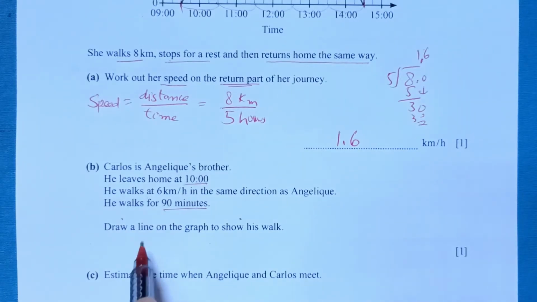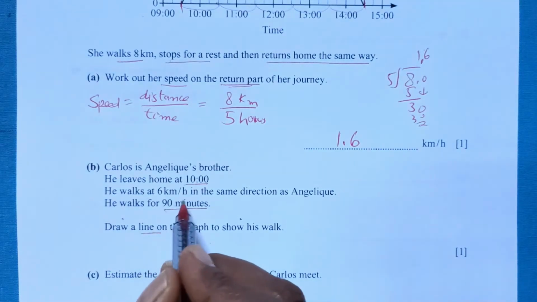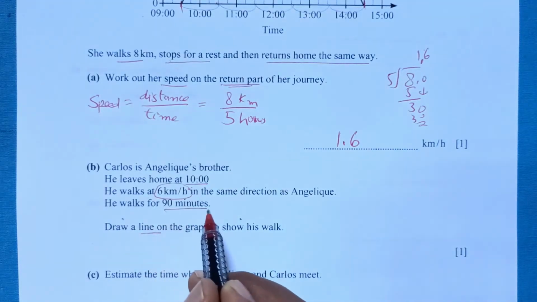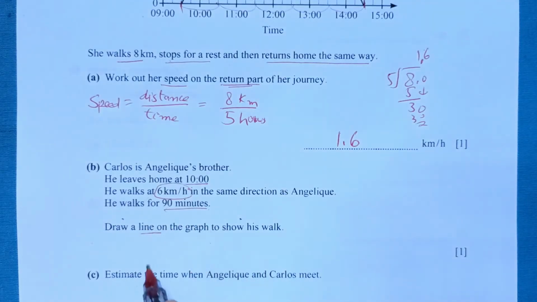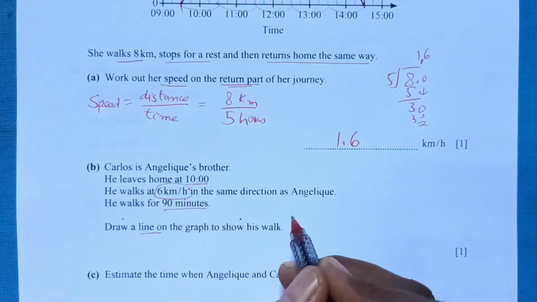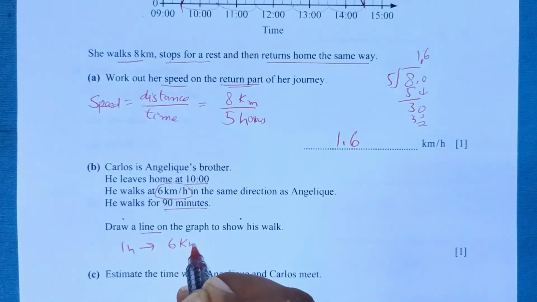Okay, so to draw the line on the graph to show his walk, his speed is 6 kilometers per hour and he walks for 90 minutes. So that means in the first 60 minutes, that is in 1 hour, he covers 6 kilometers.